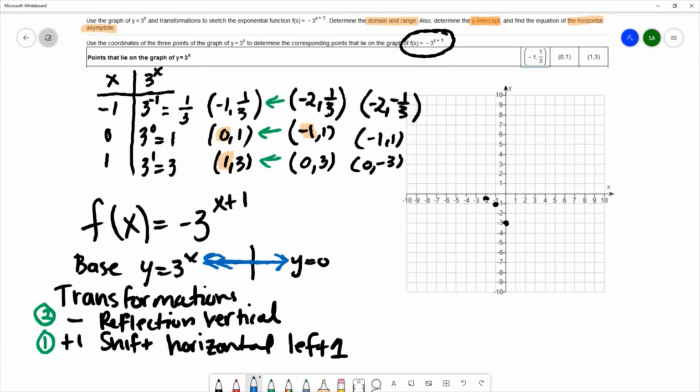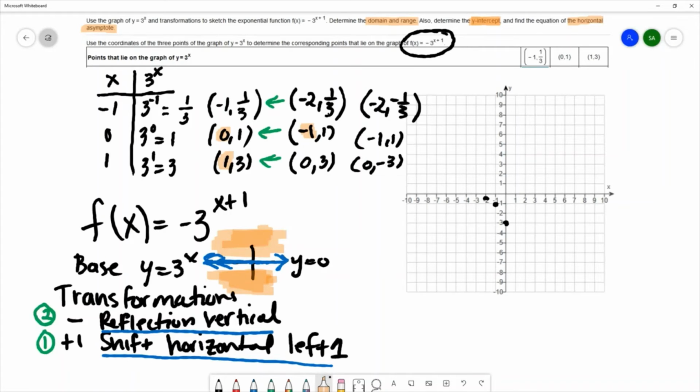So the transformation of shifting left 1 unit doesn't affect that horizontal asymptote. The other transformation of vertical reflection is also not going to affect that horizontal asymptote, because a reflection is going to take what's above the axis and mirror it to below, and what's below and mirror it to above.